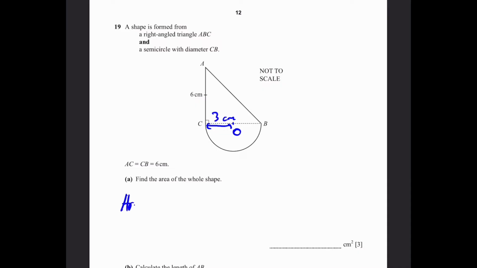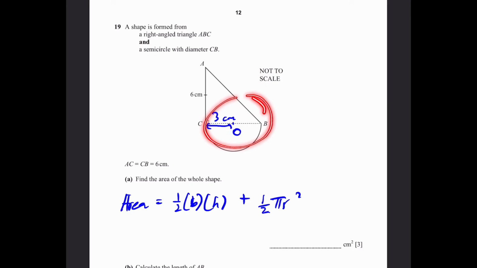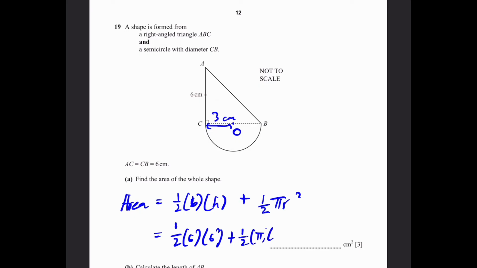So the area is going to be the area of the triangle, which is half times base times height, plus half times pi r squared, or in other words, half times the area of the circle. That'll be the area of the semicircle. Let's write this: half times 6 times 6 plus half times pi times 3 squared.